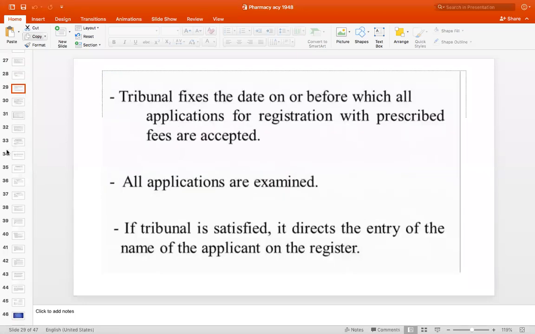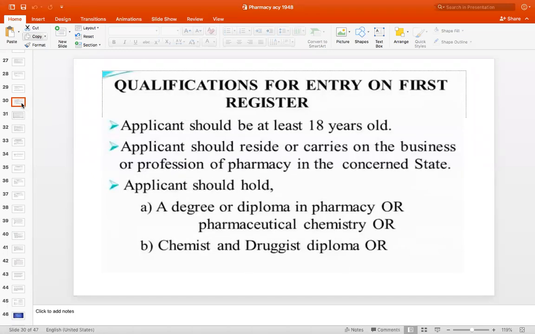The applicant should apply first. They will fix the date and you should give all your documents to them within that date. They will examine and you can get entered into the first register.